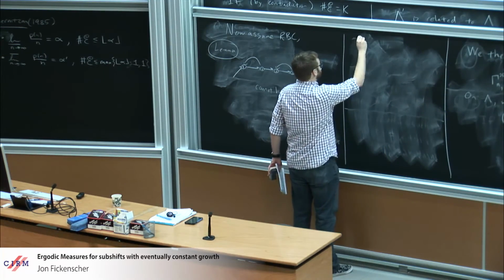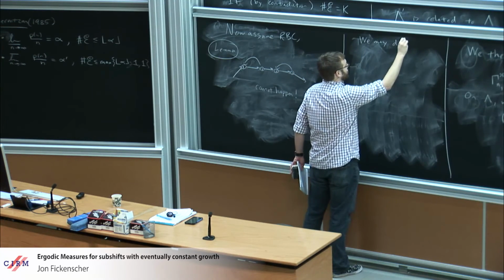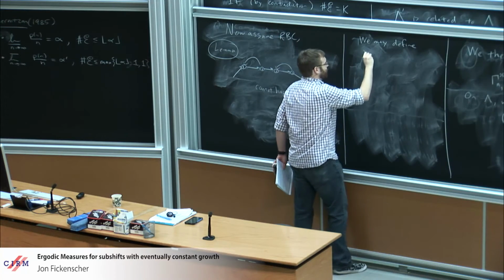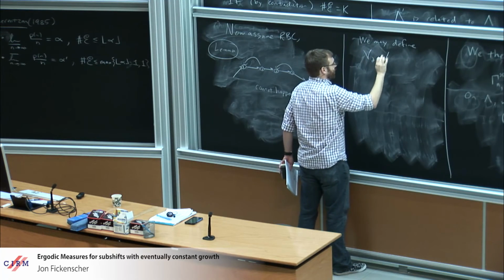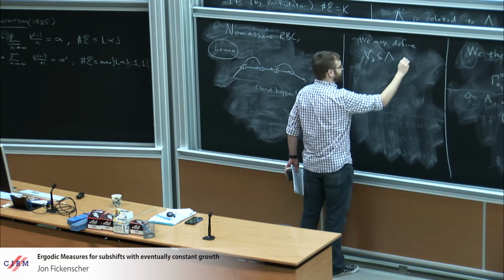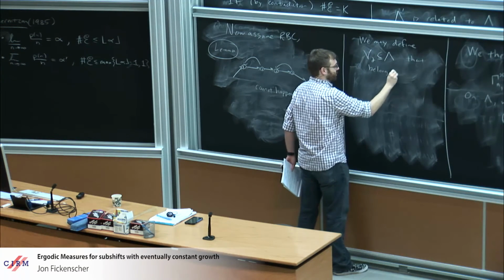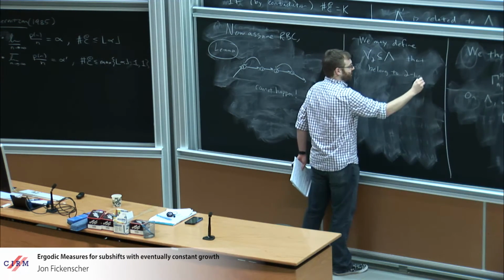And so under this condition, we may then naturally define a subset of the vertices in our graph, lambda, that belong to two loops.